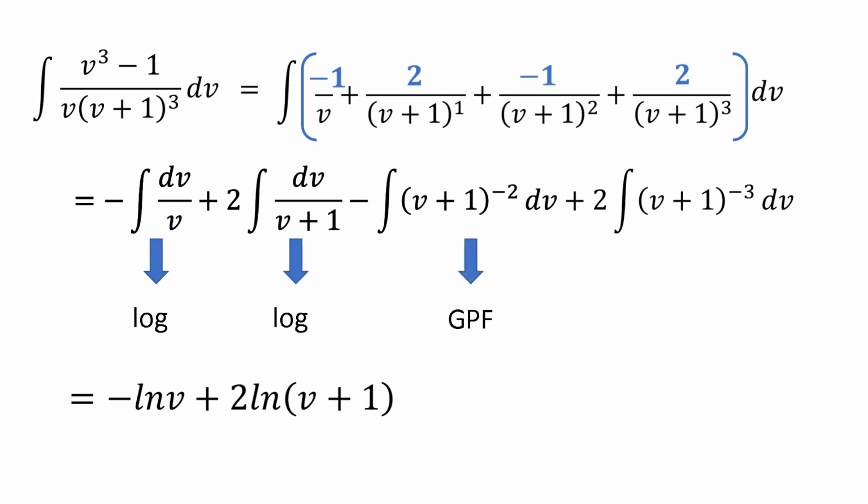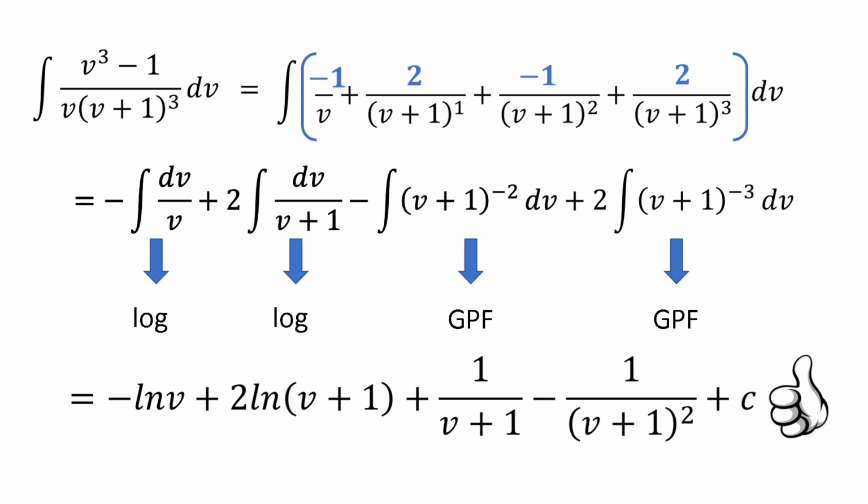The third term, we integrate by the general power formula, and the result is +1 all over v plus 1. And the last term will also be integrated by the general power formula, and the result is -1 all over v plus 1 raised to 2, plus C.